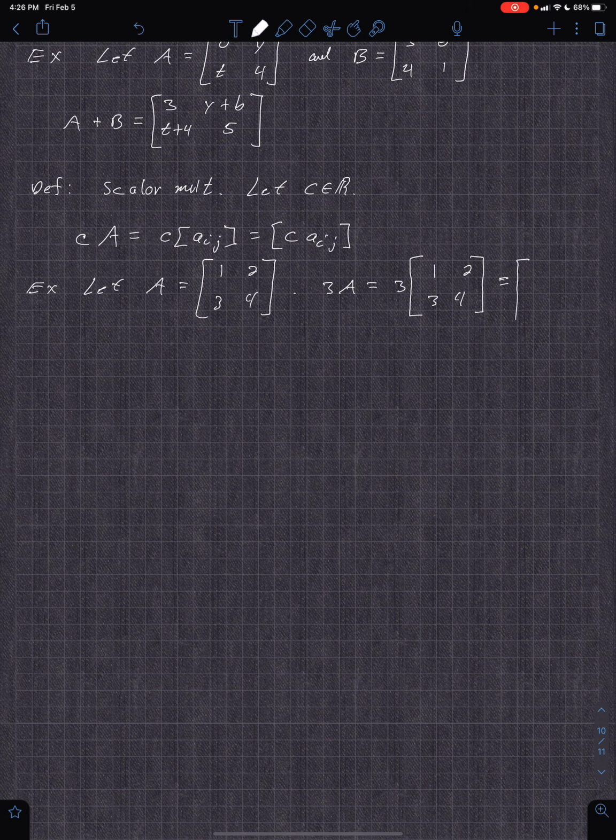Then we'll just multiply next. It's 3 times 1, 3 times 2, 3 times 3, and 3 times 4. And that equals 3, 6, 9, and 12, of course. Okay, so far so good. So addition and scalar multiple, that's easy stuff.